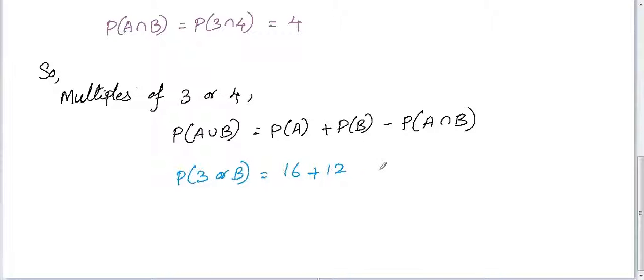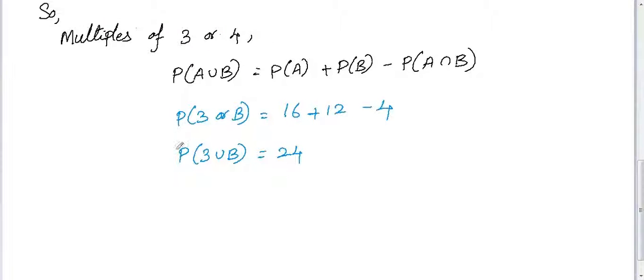So 16 plus 12, so P of A is 16, P of B is 12, and P of A intersection B is 4. So 16 plus 12 minus 4 becomes 24.